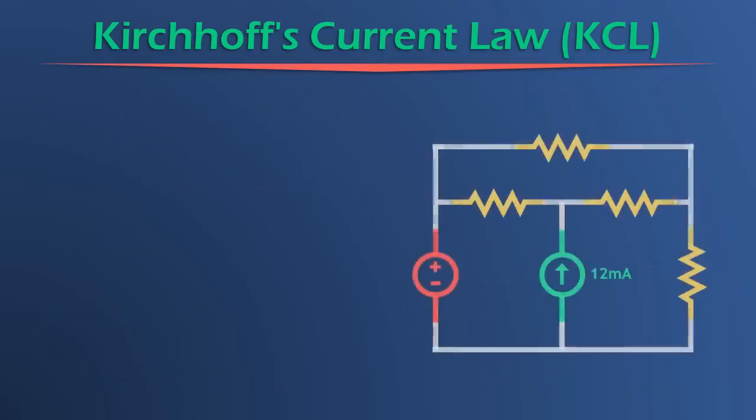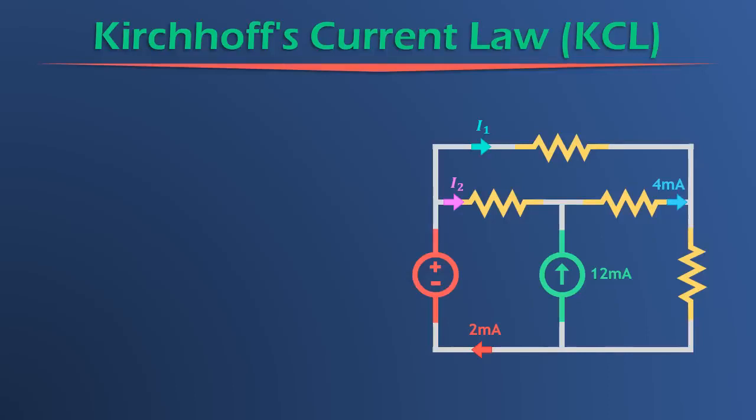So we're given a circuit that looks like this, and we're also given some currents initially. We're given that there's 4 milliamps going to the right, 12 milliamps going up here, and 2 milliamps going to the left. And we're also given the currents I1 and I2 as arbitrarily going to the right, but we're not actually sure if they go to the left or right quite yet.